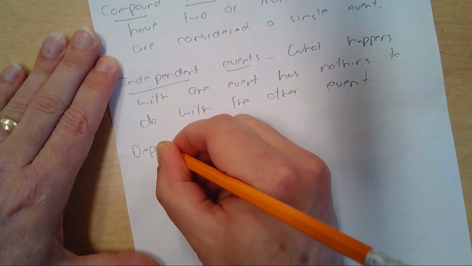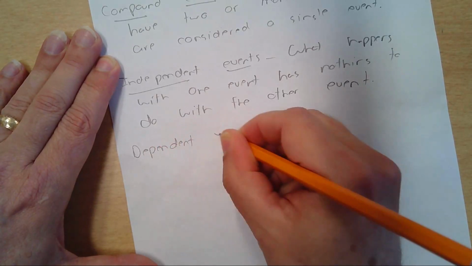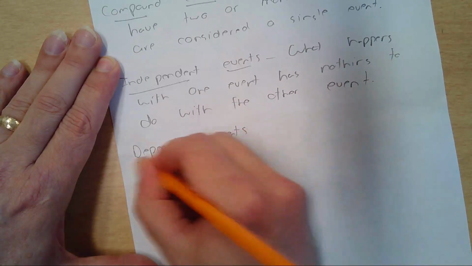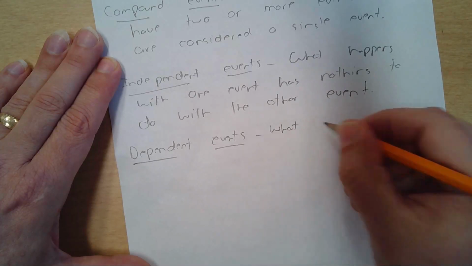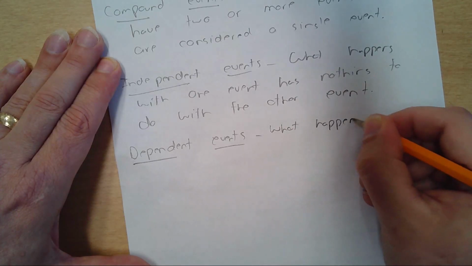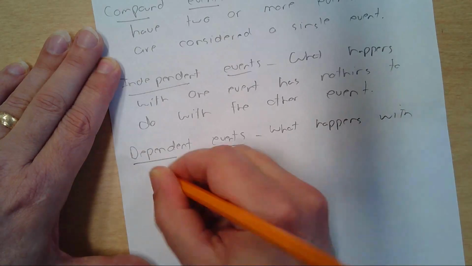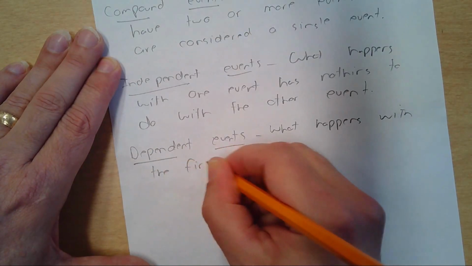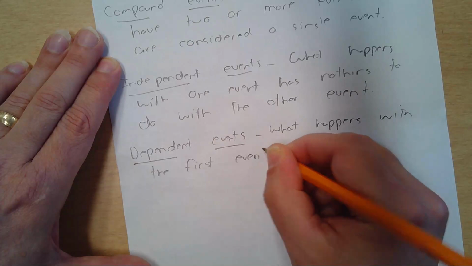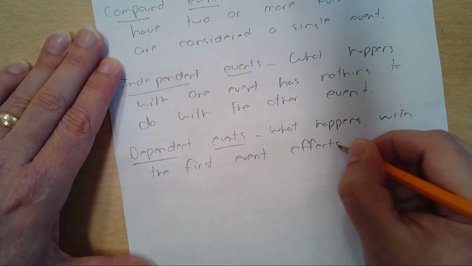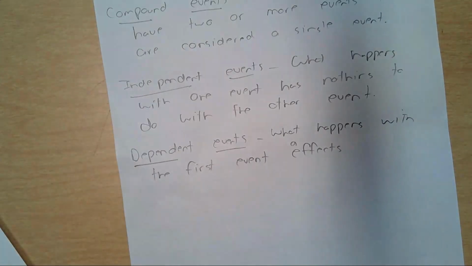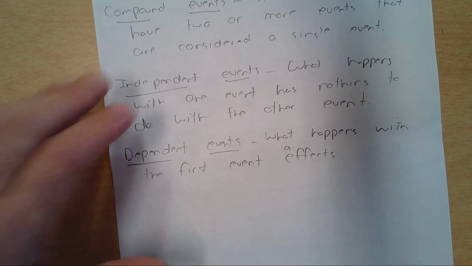Dependent events, you can probably guess what the definition of this is going to be. What happens with the first event affects, or affects maybe, whatever one you want there, who knows.